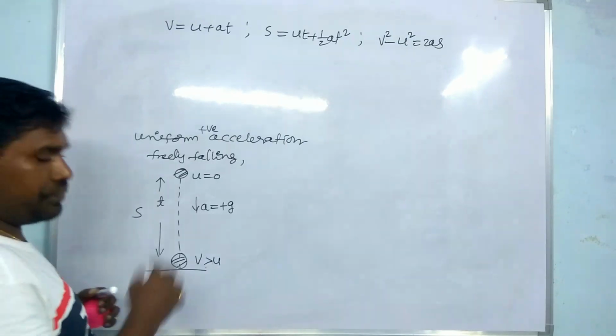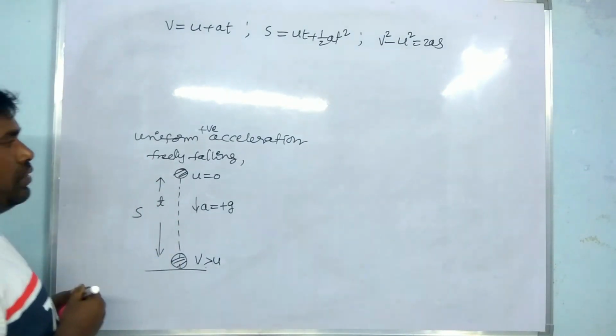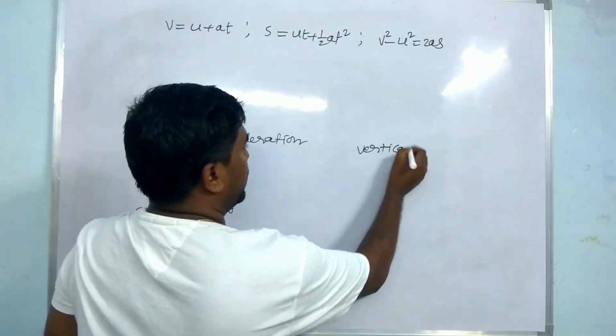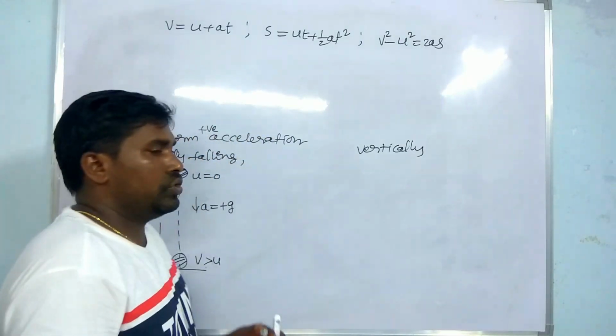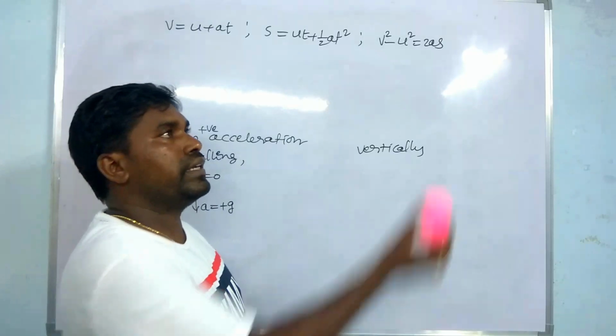For example, in case of a vertically projected body, the ball can be tossed in the vertical direction.